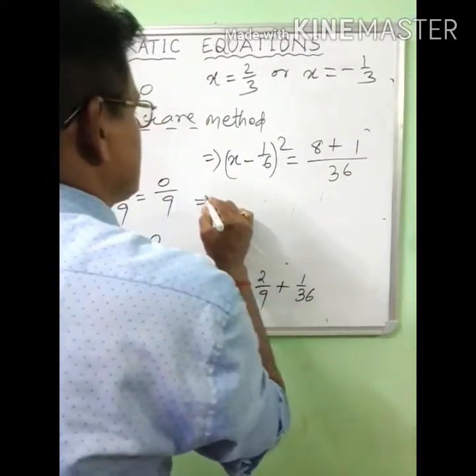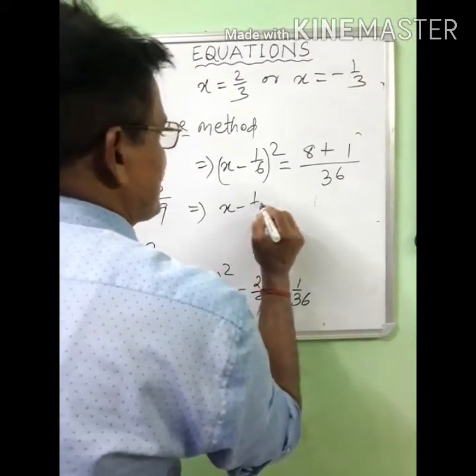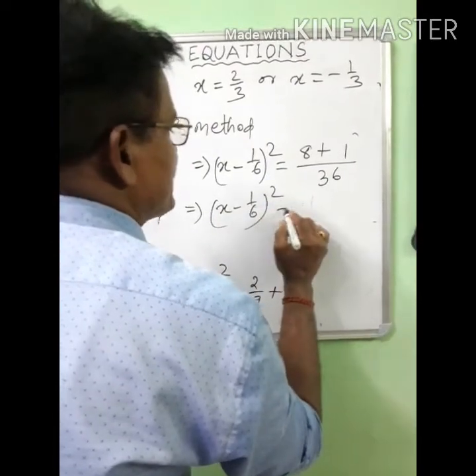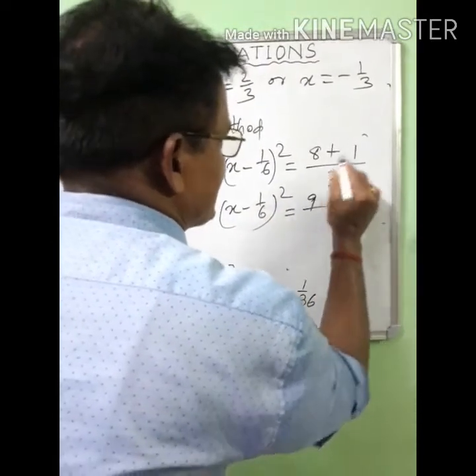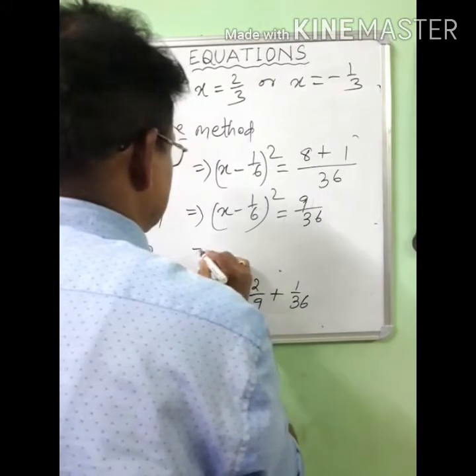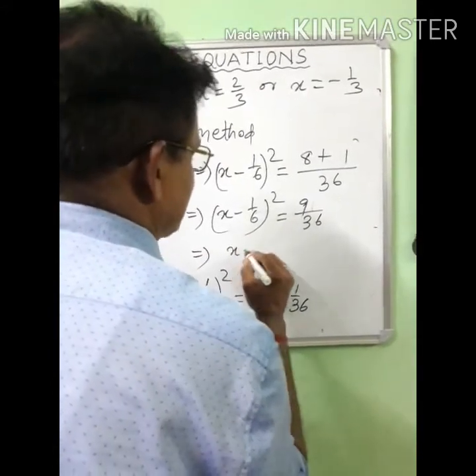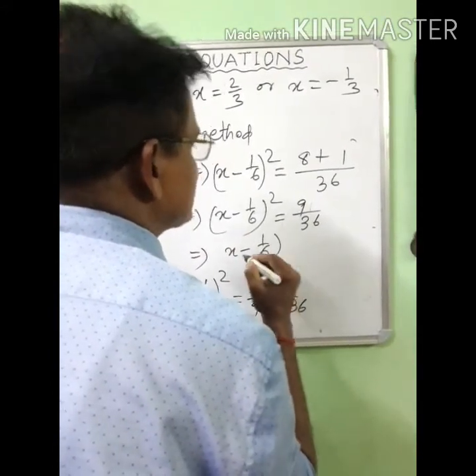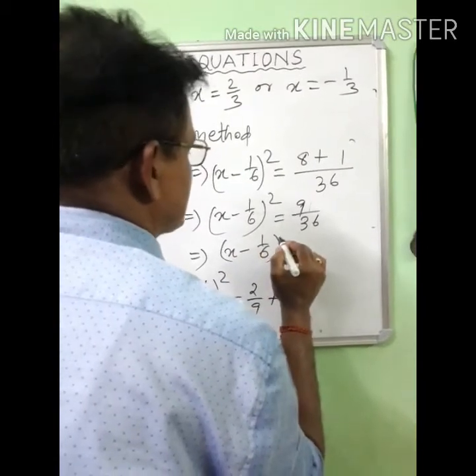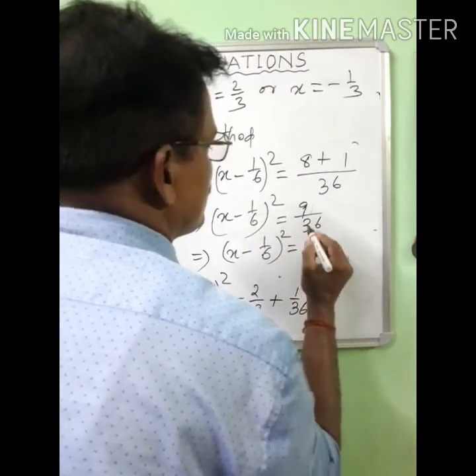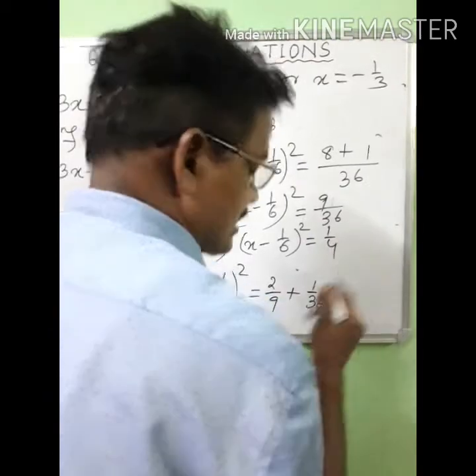Okay. So x minus 1 by 6 whole square is equal to 9 by 36. So x minus 1 by 6 whole square is equal to 1 by 4. Clear?